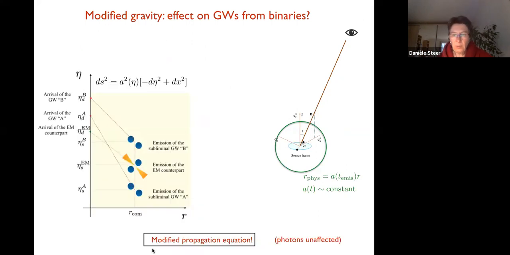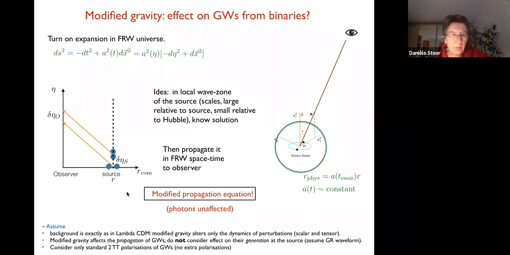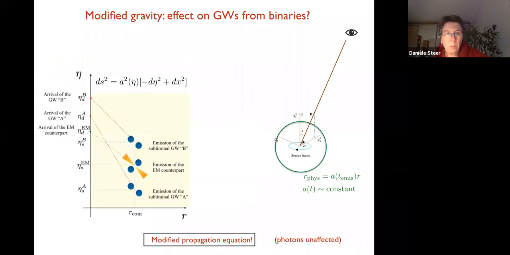So in other words, I want to replace the left-hand side here. This was in general relativity. Gravitons were massless, so they go at the speed of light. I want to replace the left-hand side by something a little bit more complicated. So here's my source. It can emit gravitational waves at different times. This time is going upwards. In general, in modified gravity theories, the speed of propagation of gravitational waves depends on their frequency.